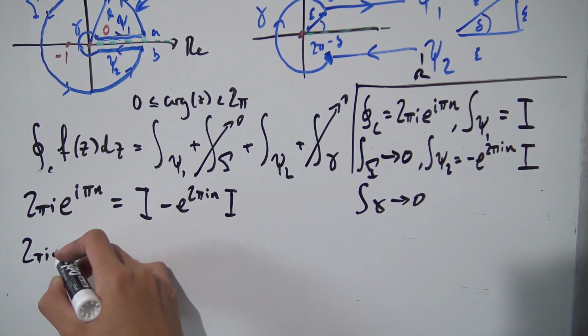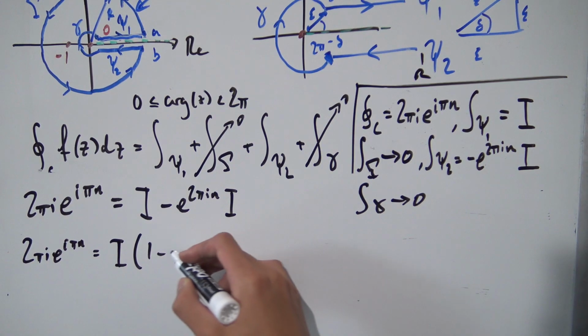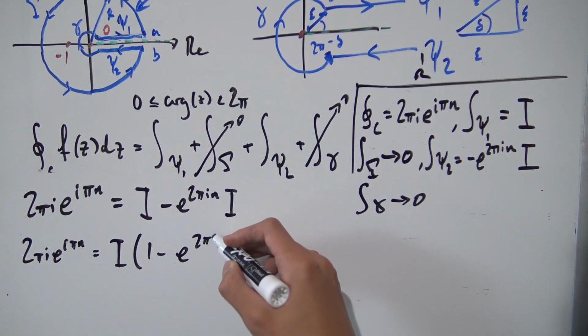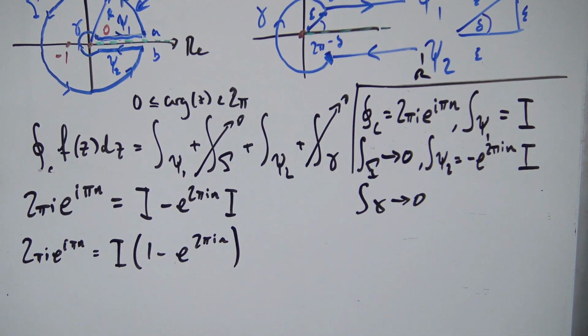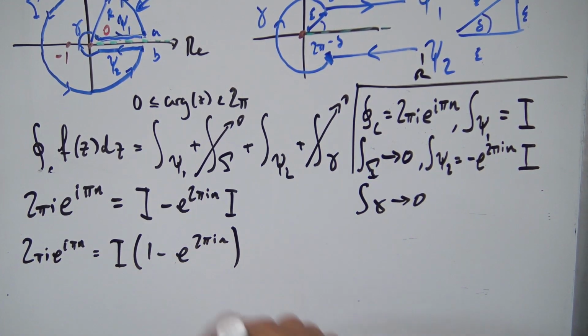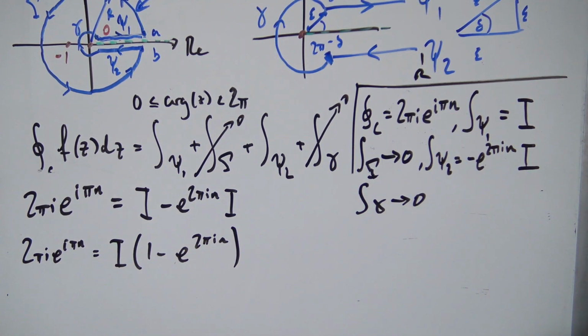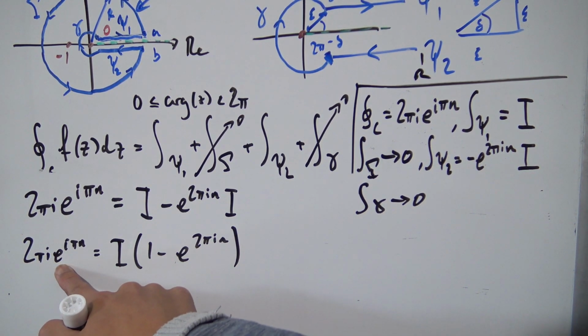Let's first try factoring. So 2 pi i e to the i pi times n is equal to I times 1 minus e to the 2 pi i n, like so. And notice that we have two exponential terms. Let's try to turn that into a sine function somehow. So in order to do that, let's multiply both sides by e to the negative i pi n, which is going to cancel out right here.